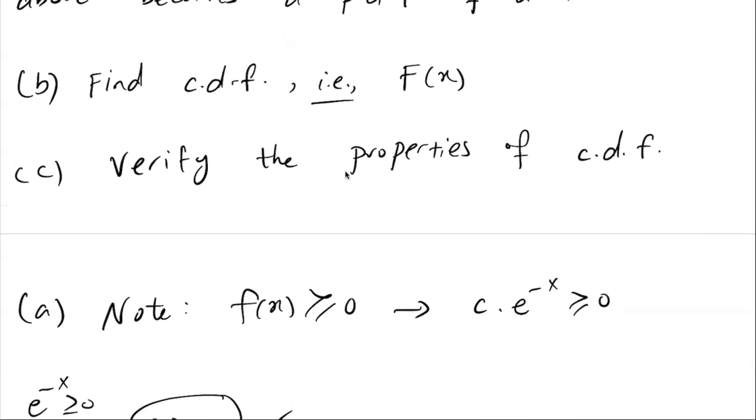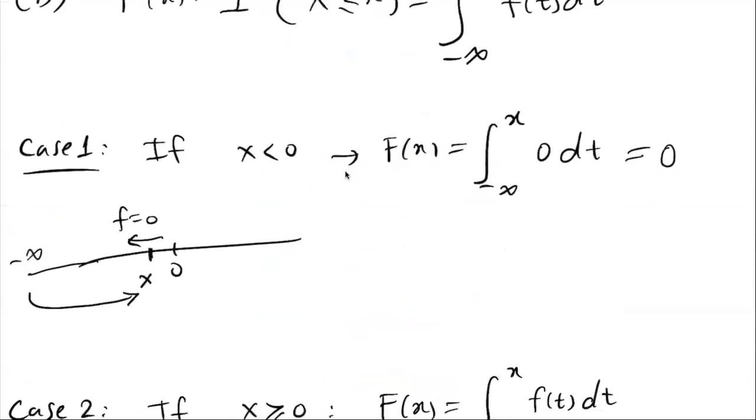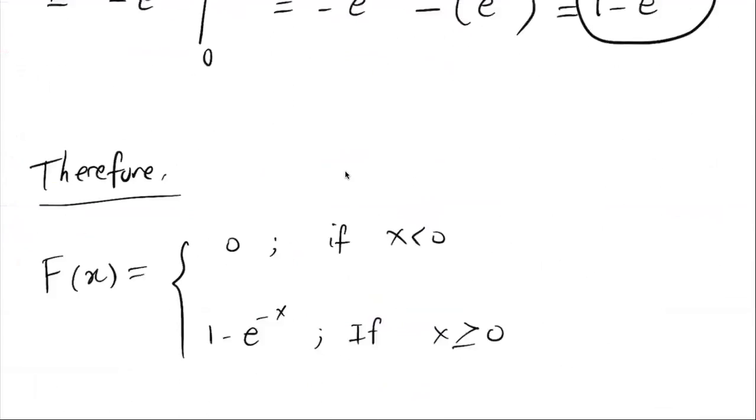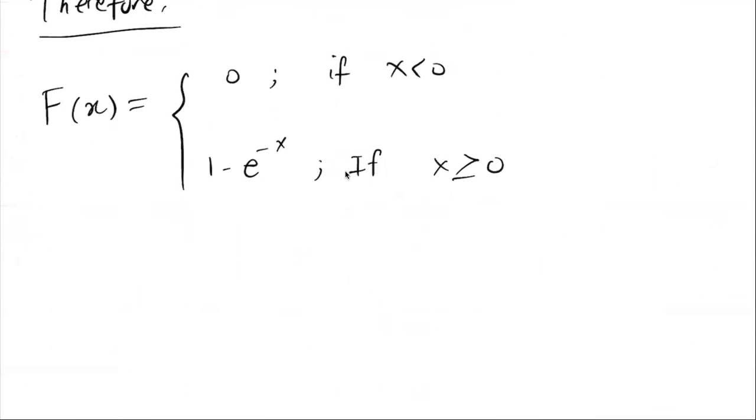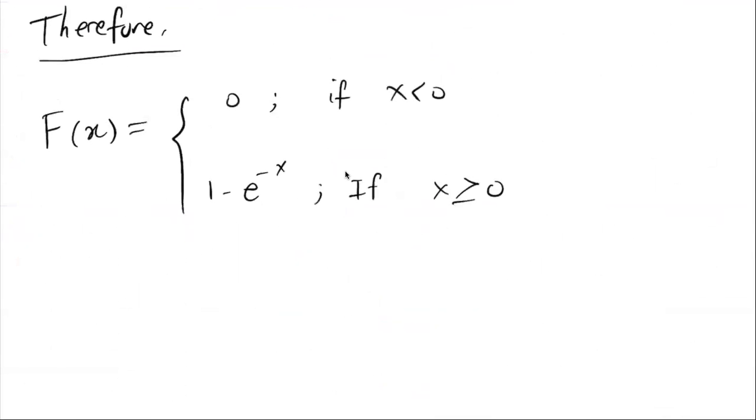Now in part C, we have to verify the properties of CDF in this example. So what were the properties of CDF? First of all, we were expecting that CDF is a continuous function if we have a continuous random variable. Here we have a continuous random variable.